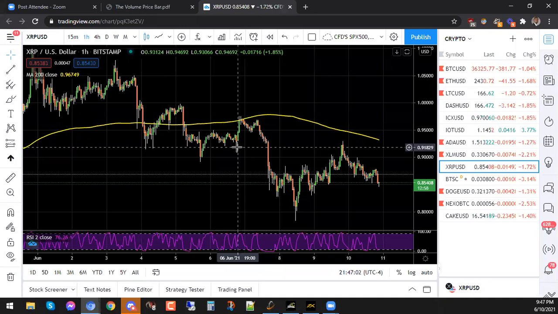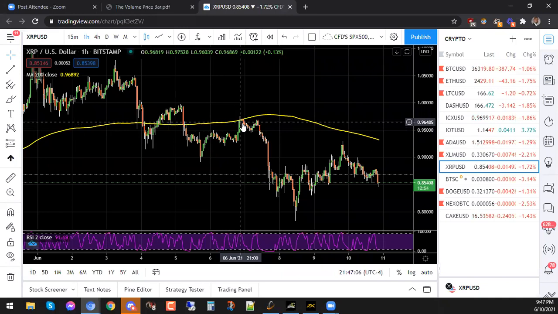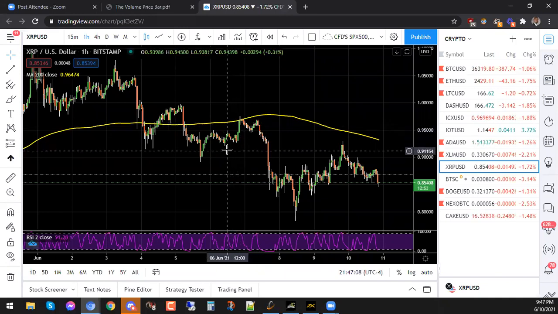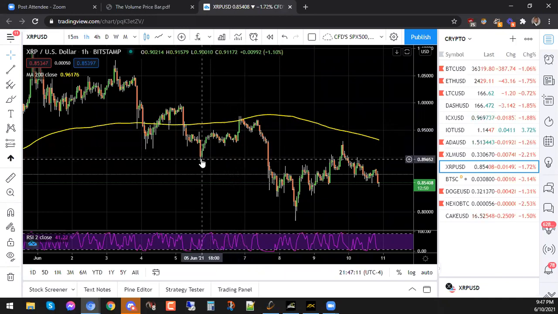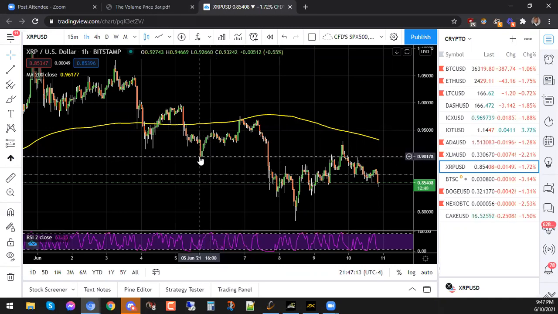So as you can see here around, let's say, if we look at the waves, they can help us out a lot. Okay, so here you can see that it's around the end of the day.